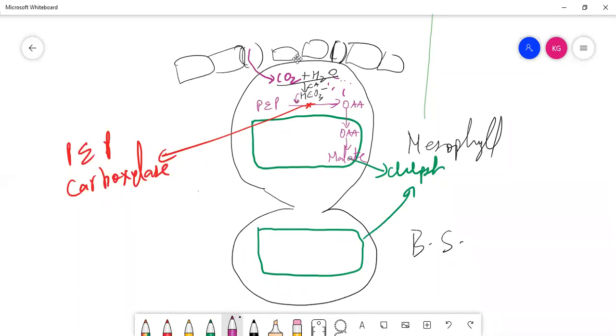Because oxaloacetic acid is an unstable compound. याद रखो, oxaloacetic acid is comparatively unstable. So something which has to be transferred to bundle sheath has to be transferred in a stable form, and that is why oxaloacetic acid is converted to malate.